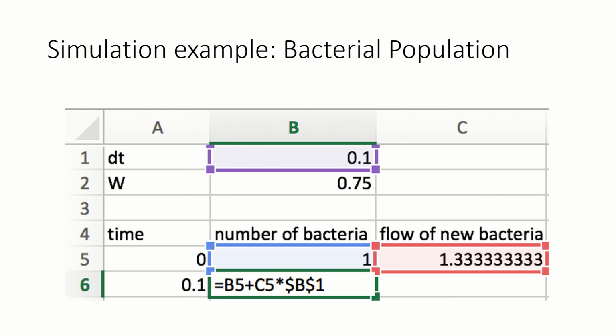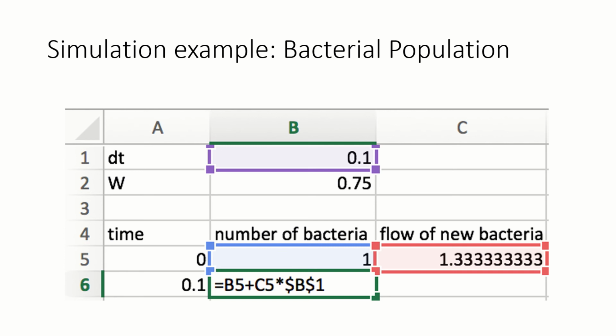And then I would be adding that interest rate to the previous stock. That's all I have here. And this is always going to be the formula for these stock progressions: the previous stock plus DT times all the sums and differences of the flows from the previous row. So here's the DT, and there's a single inflow called C5, which is this one here.